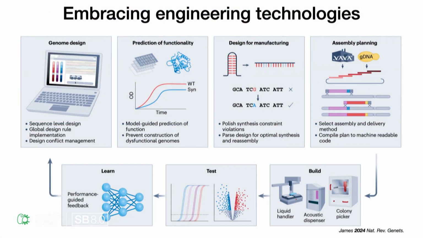We really need to embrace engineering technologies. For instance, genome design cannot be done by hand, right? When you have only a handful of parts, you can design by human experts. But to scale up to genome size, you need much more complex computer-assisted designers.